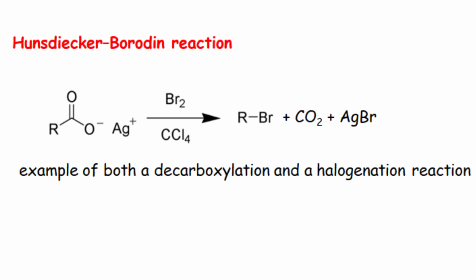AgBr will give you a precipitate. Now here I have gone from RCOO, meaning R plus 1 carbon, to R, meaning 1 carbon less. So it's an example of a decarboxylation reaction and also a halogenation reaction.